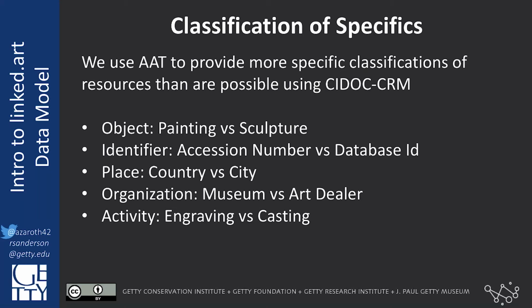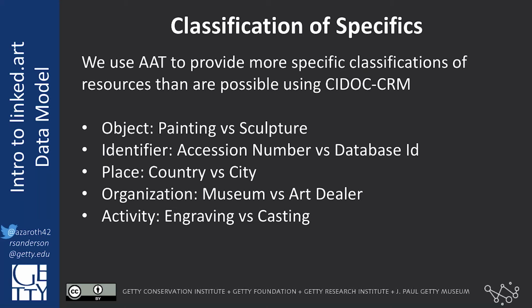And what that does is that gives us a really nice way to use the many, many classes of things that AAT has to talk about the many, many classes of things in the world. And AAT works very hard to provide names for all sorts of art historical things and is much more comprehensive than the CIDOC is or should be.